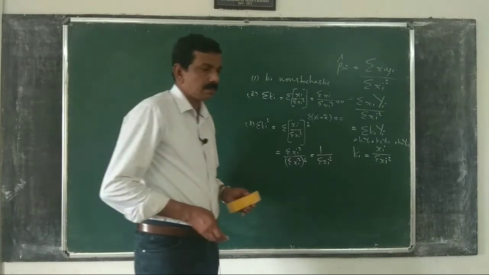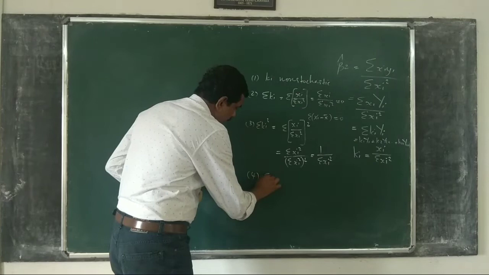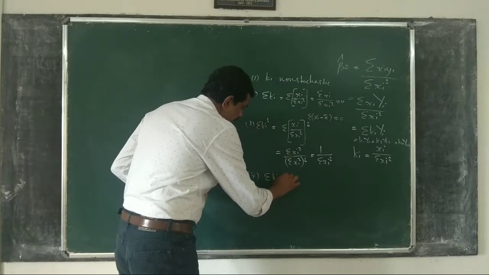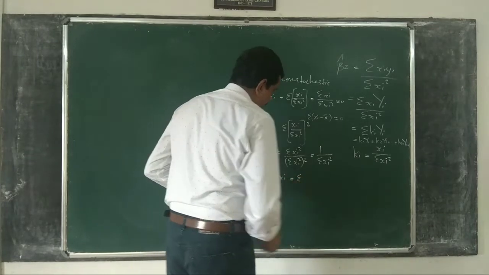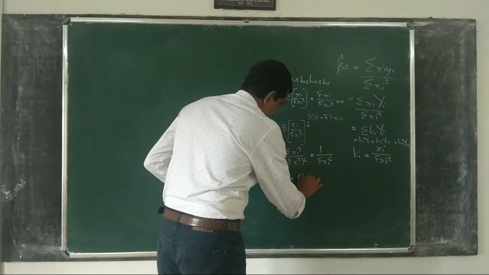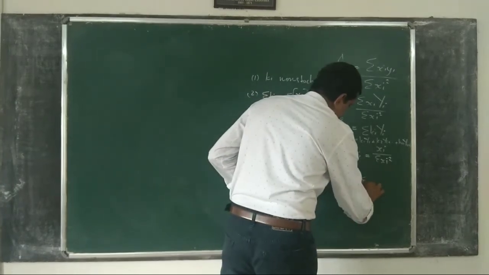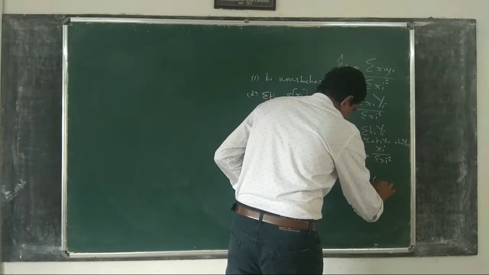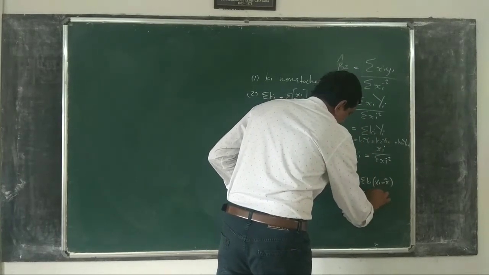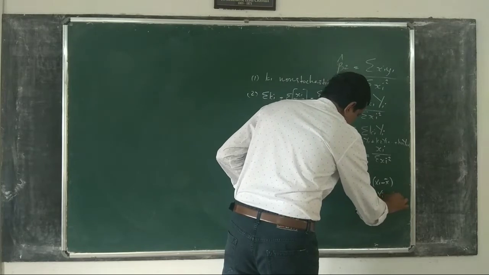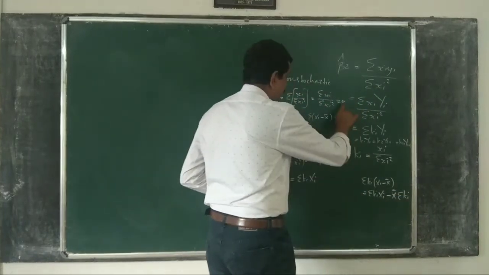And the fourth one is sigma ki xi equal to sigma ki Xi. The reason is that sigma ki xi, where xi is Xi minus x bar, is equal to sigma ki Xi minus x bar into sigma ki, and sigma ki is 0.